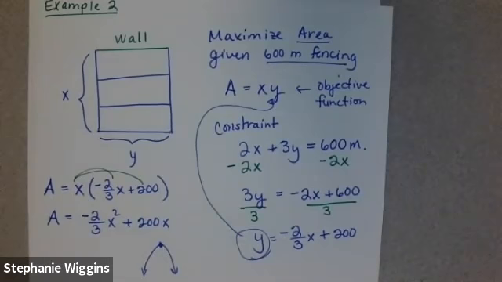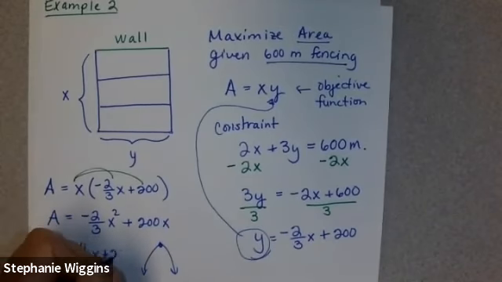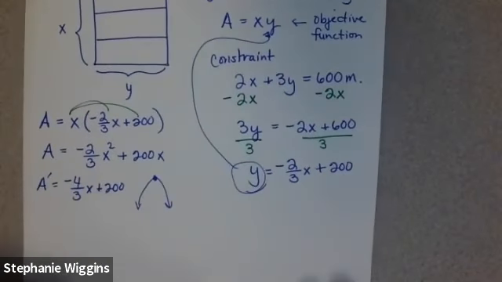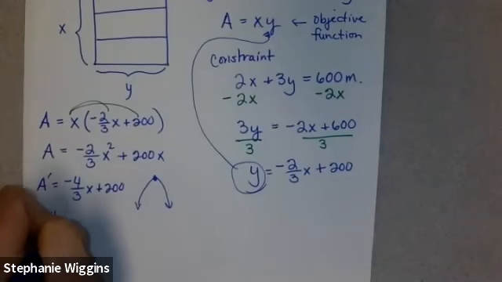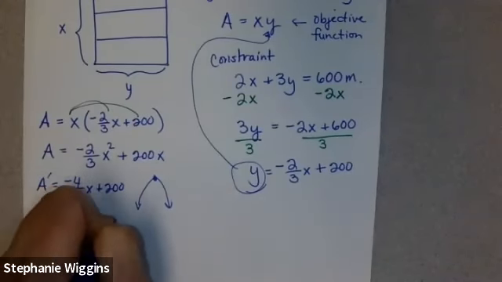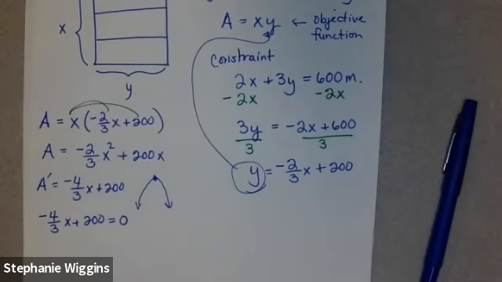Now I can use calculus or algebra to solve this, because we know that because it's quadratic, the vertex is the point of the maximum. But I'm just going to do calculus. So I take the derivative. I get negative 4/3 X plus 200. I'm going to set this equal to 0. And so I get negative 4/3 X plus 200 equals 0.